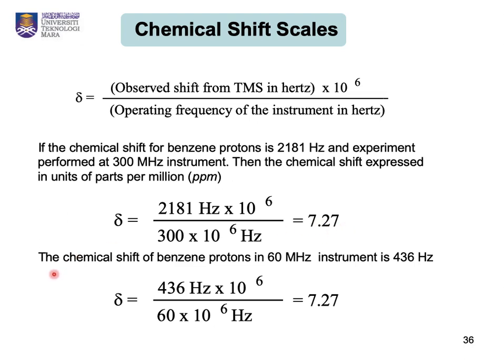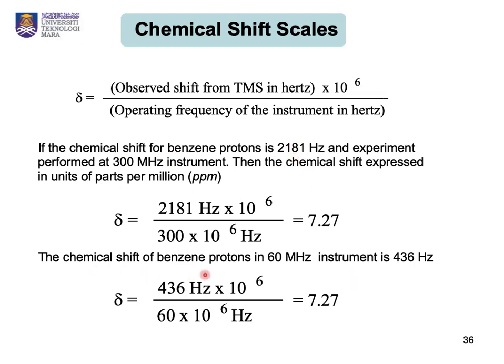So the chemical shift of the benzene proton on a 60 megahertz instrument is 436 hertz. You can see that we measured the value of the benzene proton on a 300 megahertz instrument, which is 2181.